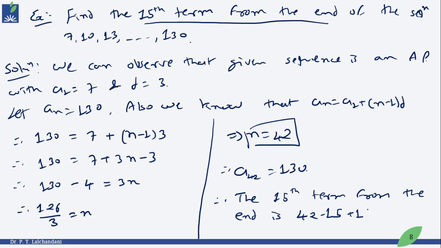So 42 minus 15 is 27, plus 1 is 28. So we have to find the value of a_28 from the beginning. Let's mention this fact.